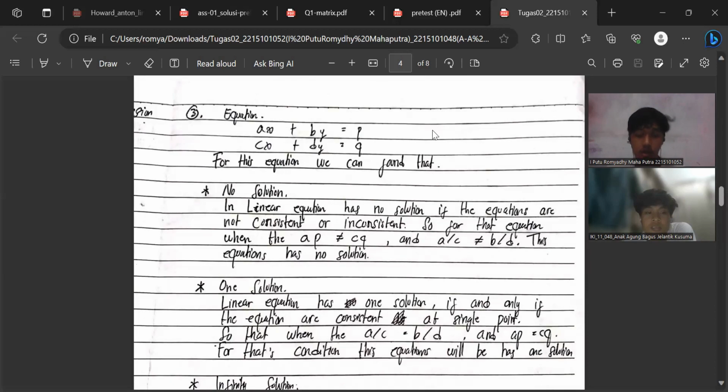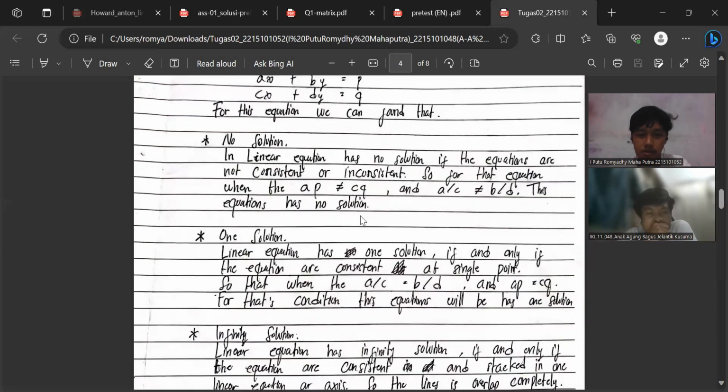After we discussed, we found that the equation has no solution if and only if the equations are inconsistent. So when the values in the equations are not the same, this equation has no solution.